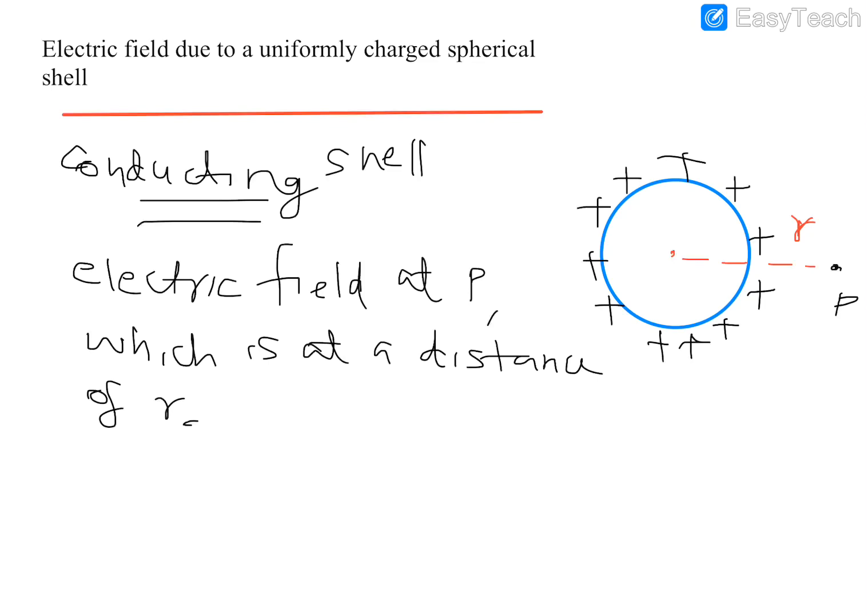In this case, for symmetry reasons, a spherical Gaussian surface is the most appropriate. So I will consider a Gaussian spherical surface like this, which will include that point also.